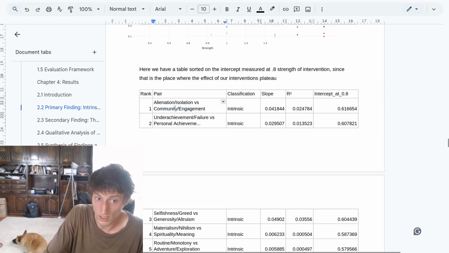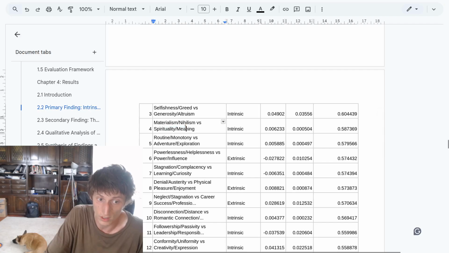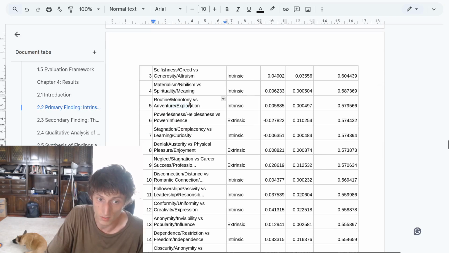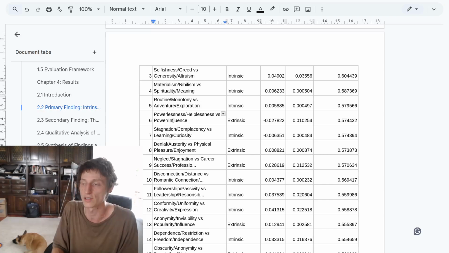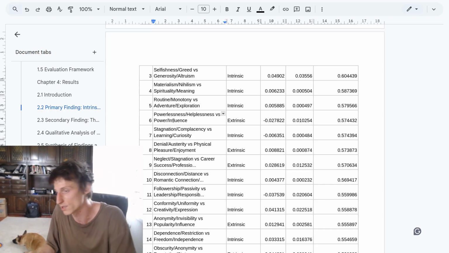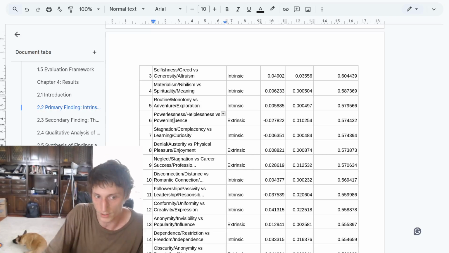Community engagement is first, then personal achievement, generosity, altruism, spirituality, meaning, adventure, exploration. And then we have power influence, which is an extrinsic pair, but it's very interesting that it's here, because I was saying before that power influence is not specifically extrinsic only. Its sentiment coverage is a bit wider.